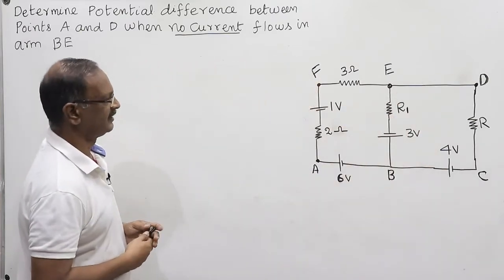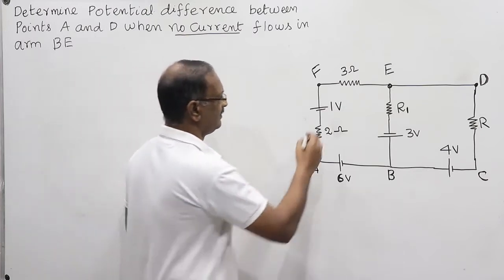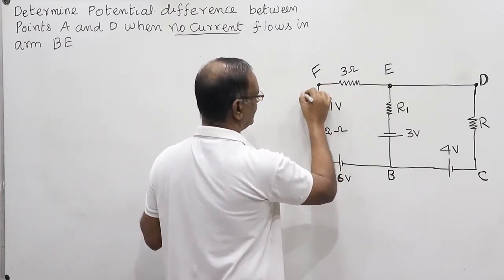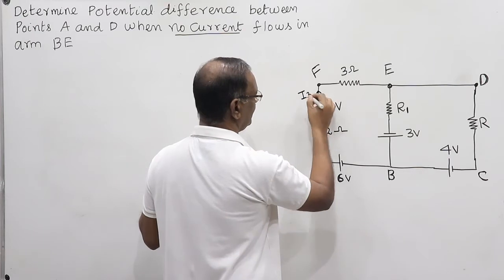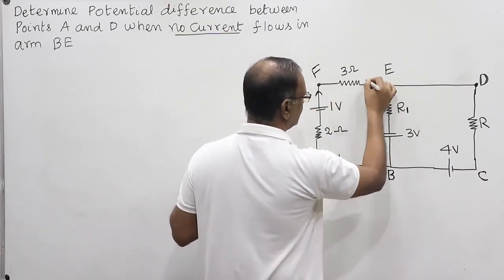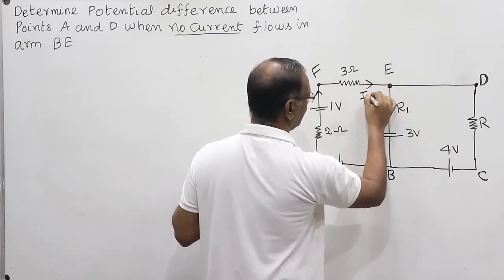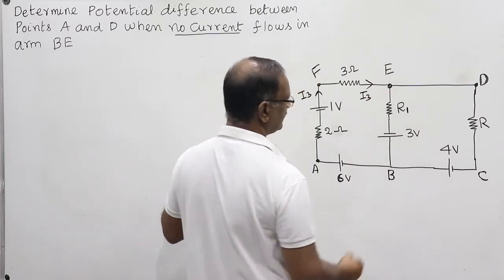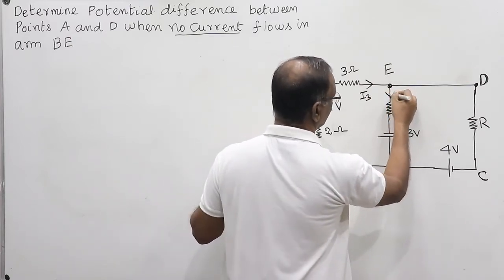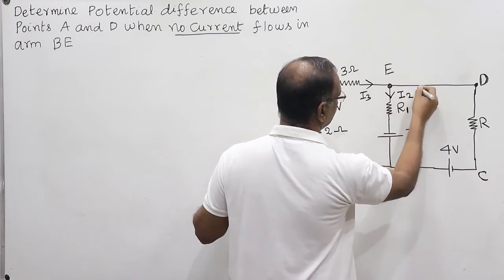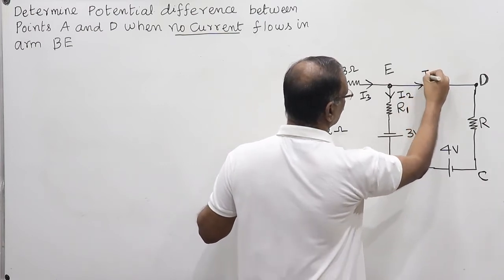First we will find the currents. From the positive terminal of the battery, a current I3 is flowing, and this I3 is distributed like this: this is I2, this is I1.